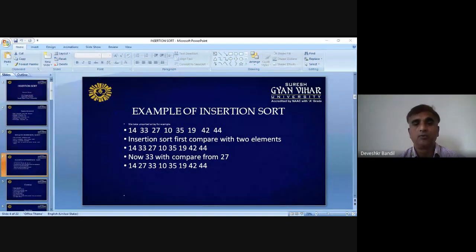But 33 is greater than 27, which means swapping is required.